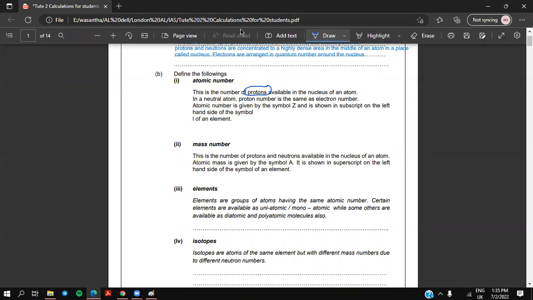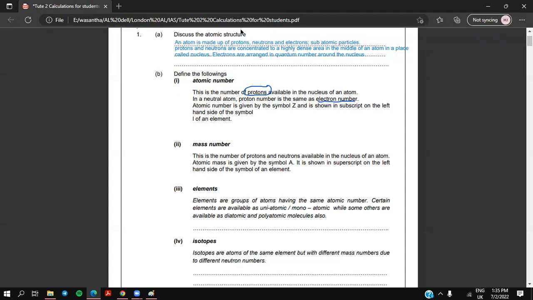In a neutral atom, proton number is the same as electron number. Children, we never say atomic number is the electron number, because it's wrong. Atomic number is the number of protons. And also, proton number and electron number in an atom are equal. If proton number is 6, electron number is also 6.